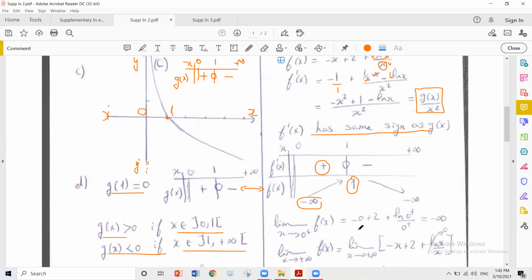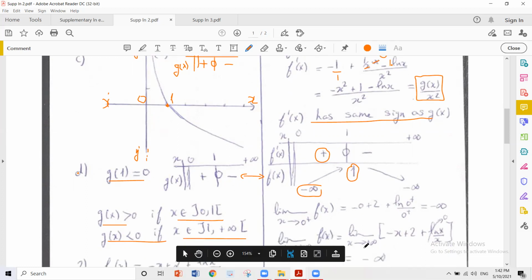Now the limit of f(x) as x tends to plus infinity equals the limit of minus x plus 2 plus ln x over x. The limit of ln x over x as x tends to infinity is 0, so it remains minus infinity.